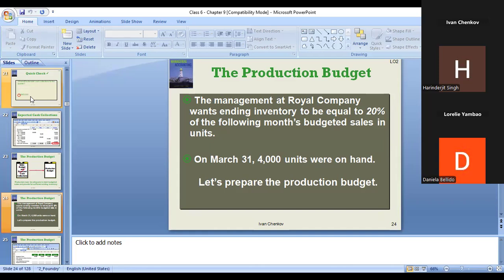That's going to help them with the sales in the beginning of the month until production catches up and starts getting the items that they need. Make sense? So now, at the end of March, they already have 4,000 units on hand. So they have ending inventory of 4,000 units. Now what we have to do is prepare the production budget.